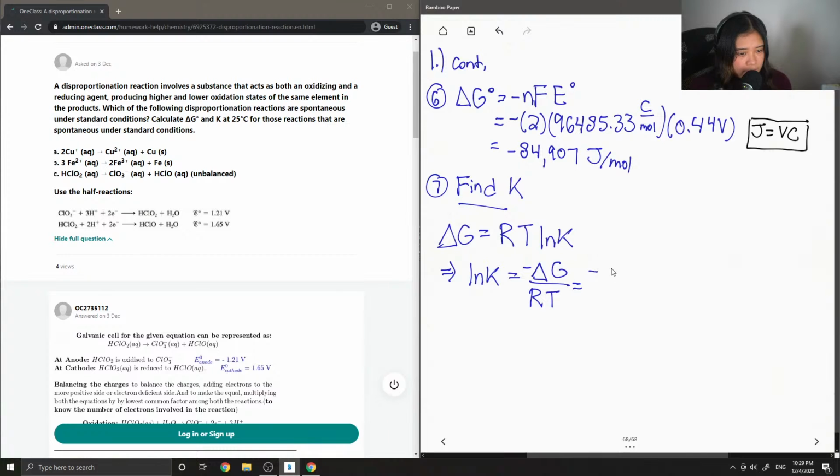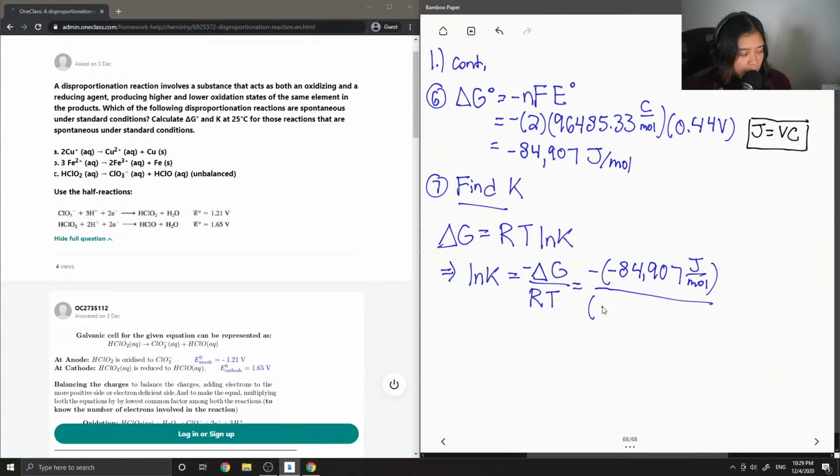So R is just a constant. I'll write it out below, but the delta G is just what we solved in the previous step, negative 84,907 joules per mole.